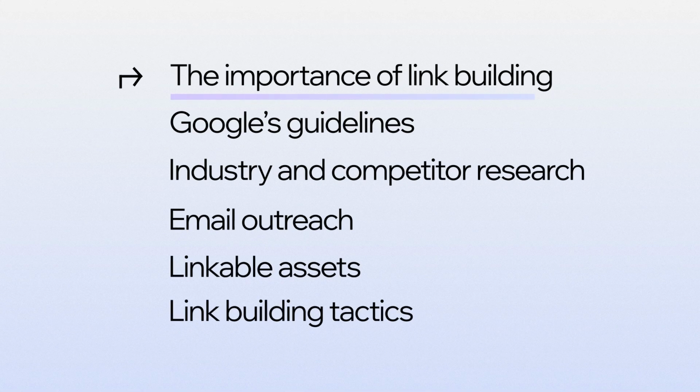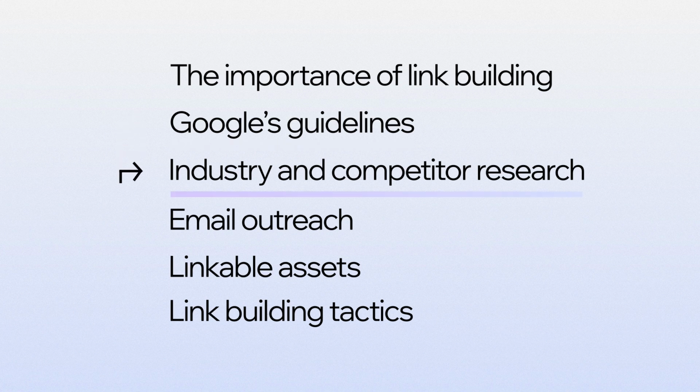All right, you made it to the end of the link building section of our SEO course. We started this module by exploring why link building is so important and such a necessary part of your client's overall SEO strategy. Then, we reviewed Google's guidelines on link spam to avoid raising any red flags.